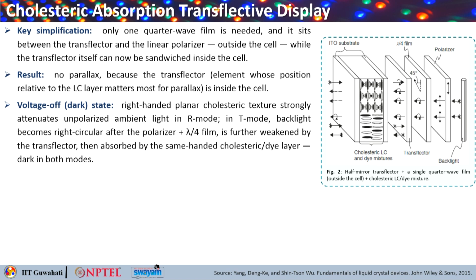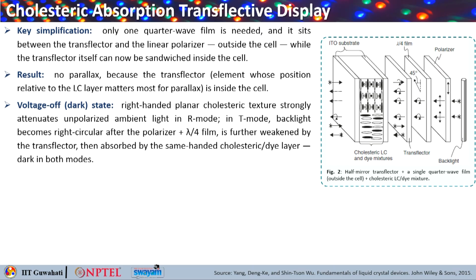Since this design keeps the transreflector directly inside the cell, immediately adjacent to the active liquid crystal dye layer, there is no such offset and no parallax. That directly solves the problem the previous nematic design was facing.